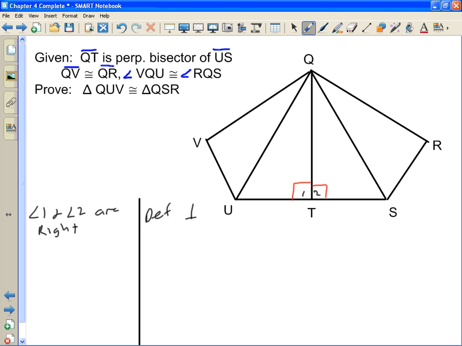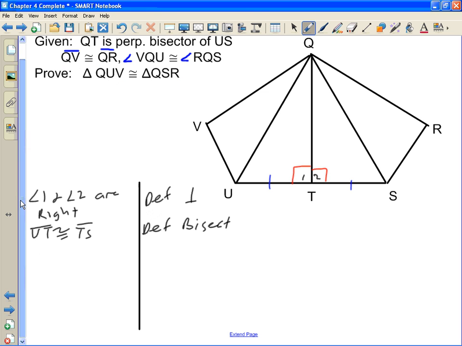So that's the definition of perpendicular. Okay, it's also a bisector of US. So that tells me that these pieces are the same. So UT is congruent to TS. Okay, that's the definition of bisect. And that's just from one given.